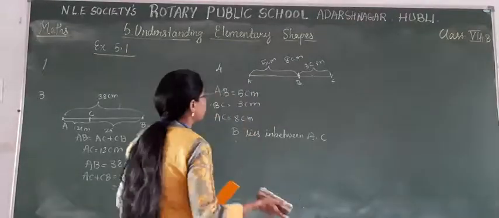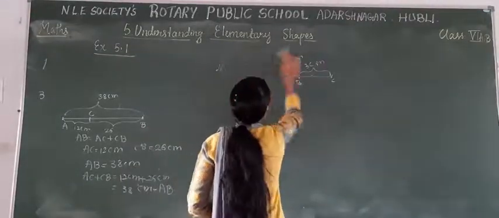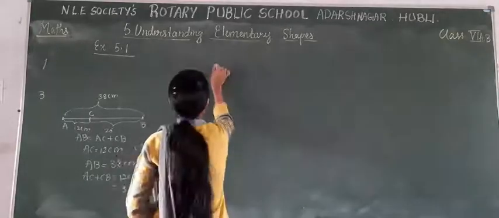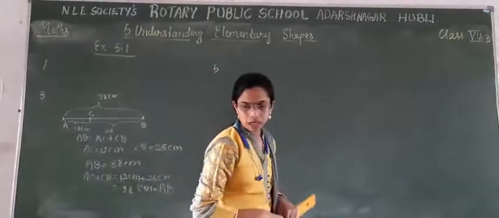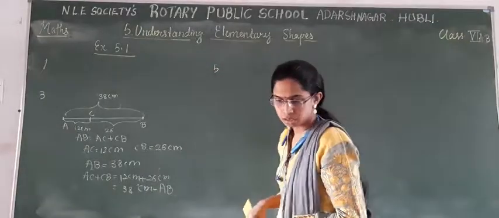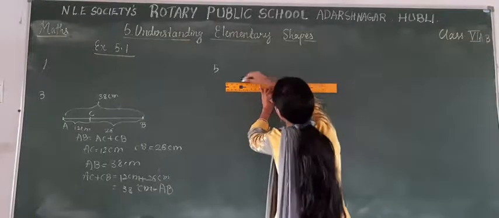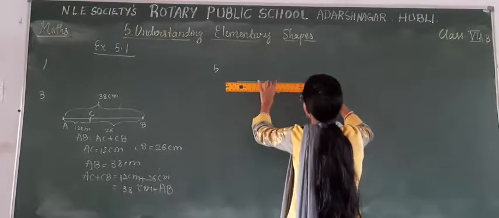Question number 5. Here a line is there, say A, divided into 7 equal parts.